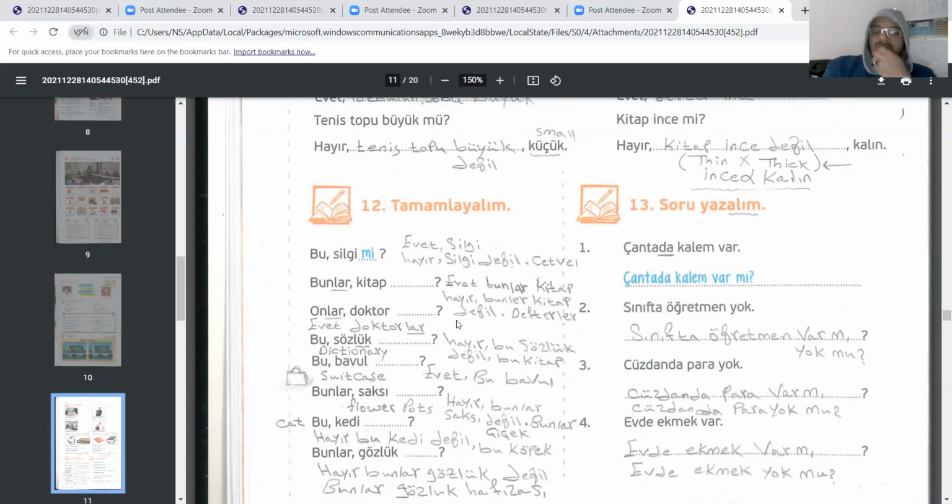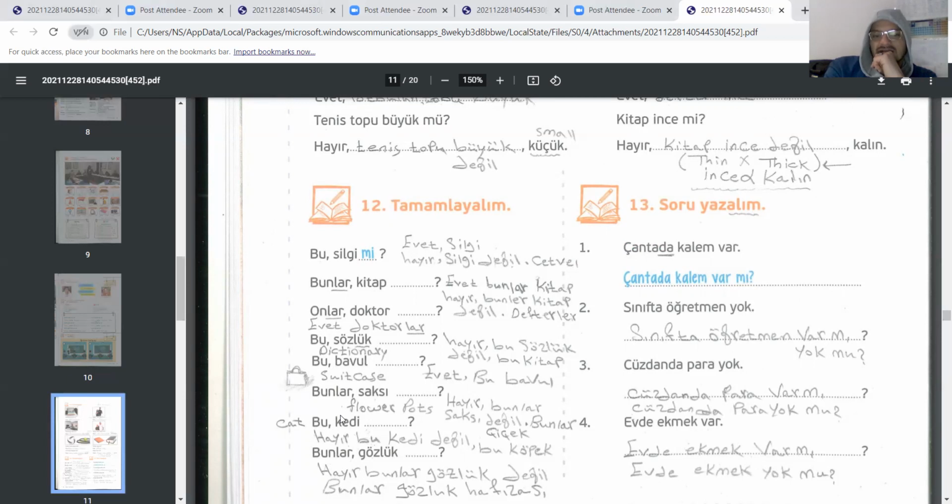And in the same situation, we will try all of these questions, all of this exercise. Bu sözlük mü? This is a dictionary. Hayır, bu sözlük değil. For example, bu kitap, or we can say evet, bu sözlük. Bu bavul. Evet, bu bavul. Or hayır, bu bavul değil. Bavul means suitcase.